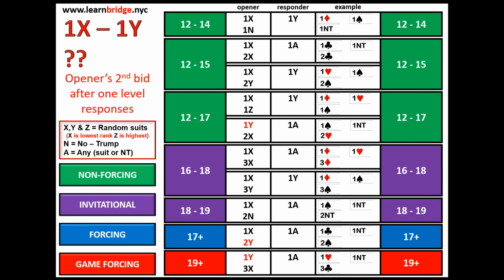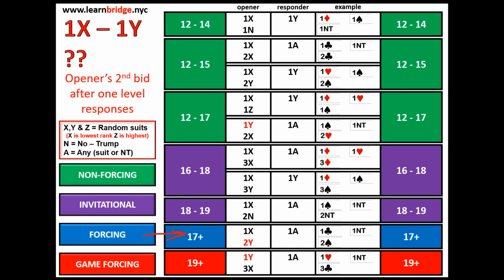Two more to go, and then we'll jump into bidding some of these hands. These next two are the ones you're not going to see very often, and they are the single forcing bid. And notice these are the only two sections where the opener can make forcing bids. One section right here is just forcing for one round, and this is our reverse.